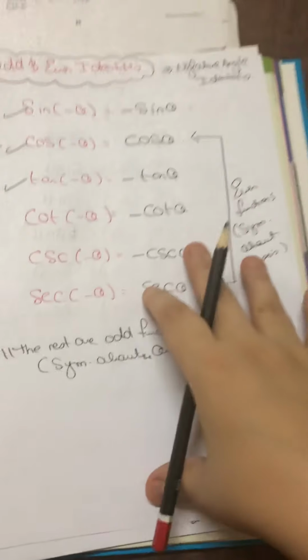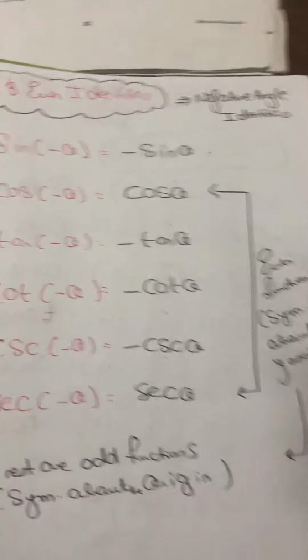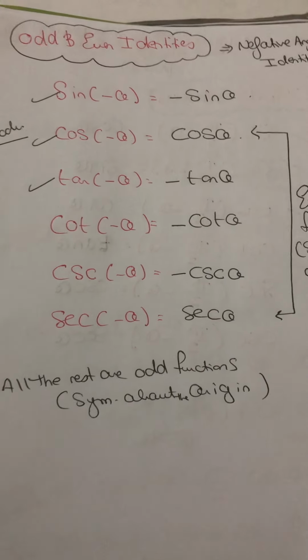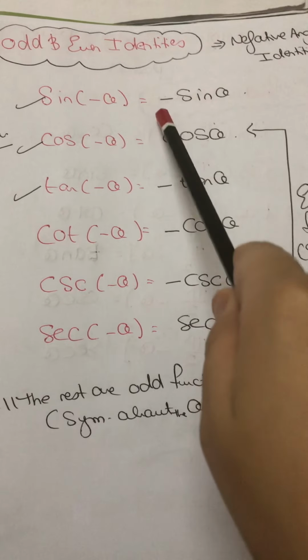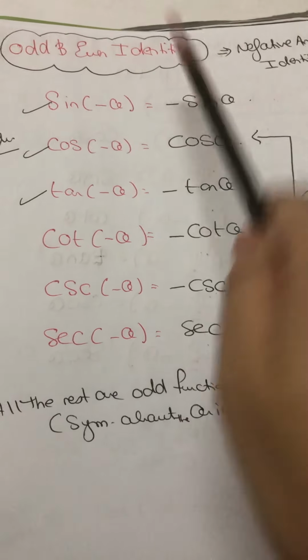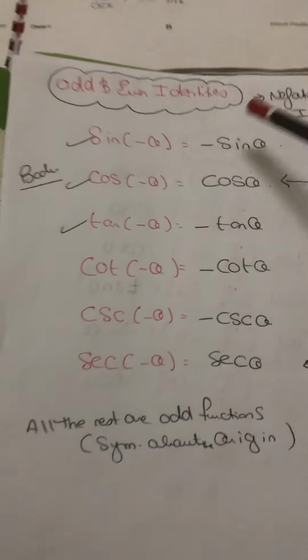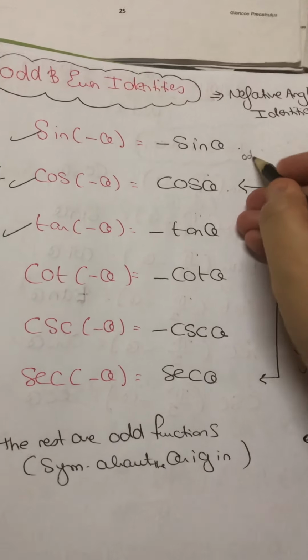Regarding odd and even identities, or as called in your book negative angle identities, I explained those last time and I proved to you that sine negative theta is equal to negative sine theta because they're opposite signs, because this is an odd function, right?